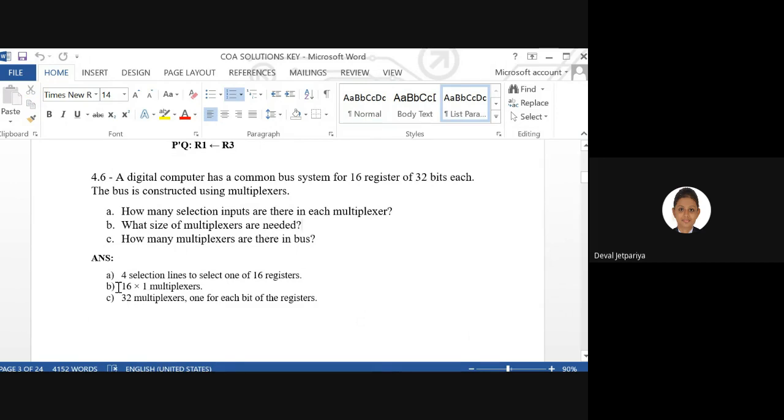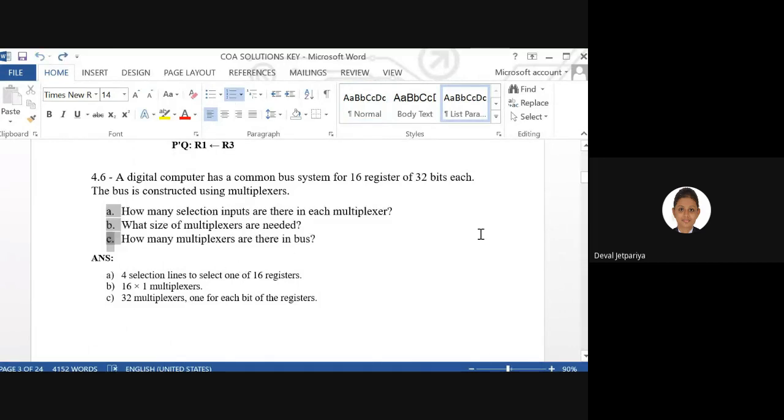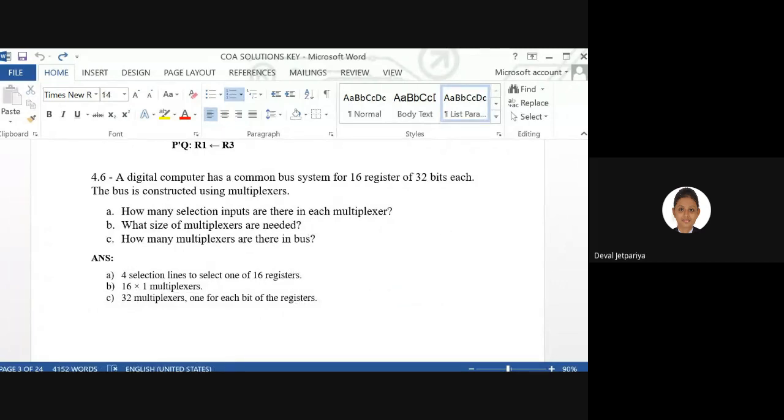That means we require each multiplexer with size 16 cross 1. And one more, how many multiplexers are there in the bus? Each register will have 32 bits, that means we require a total of 32 multiplexers.